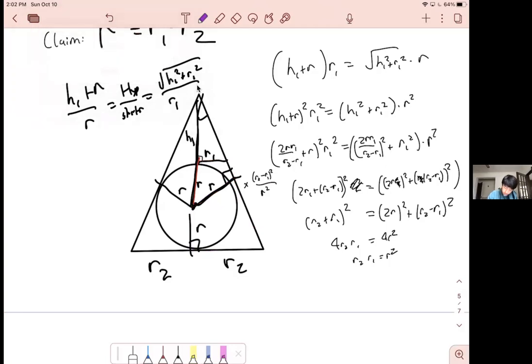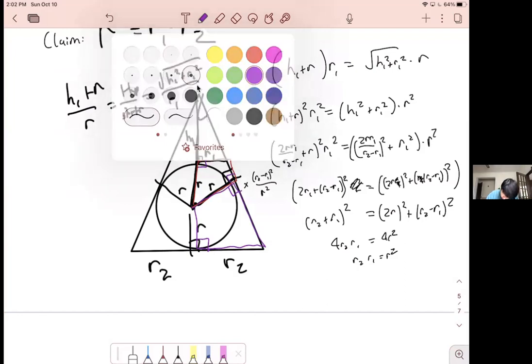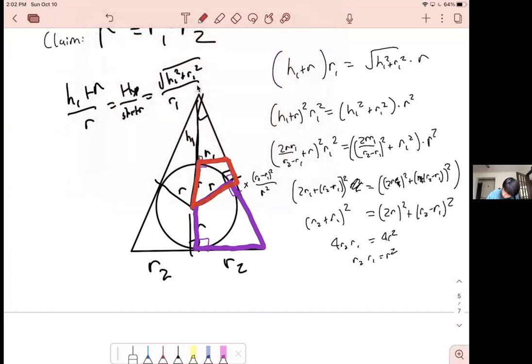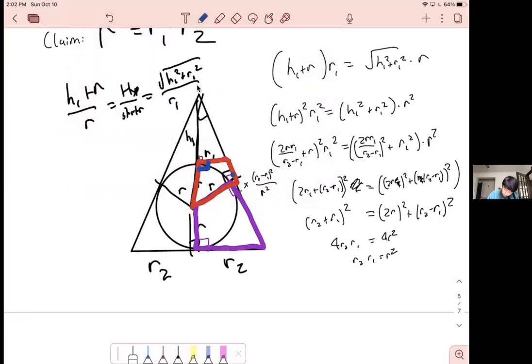Oops, sorry about that. But these quadrilaterals are similar because they both have these pairs of right angles. So the purple and the red quadrilaterals are actually similar because they both have these right angles over here.